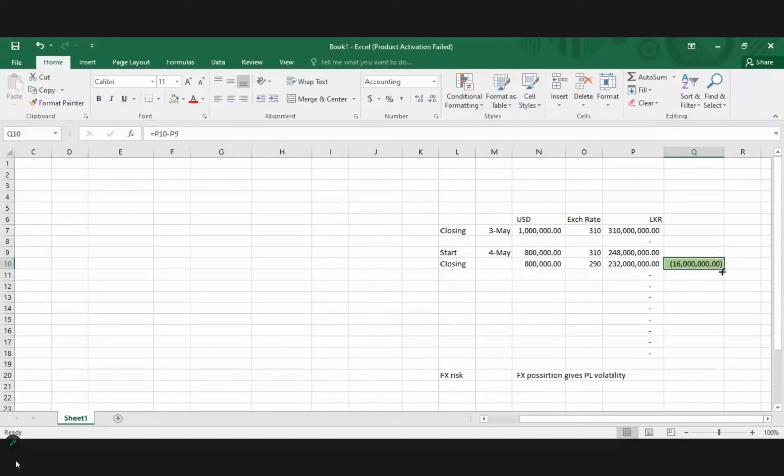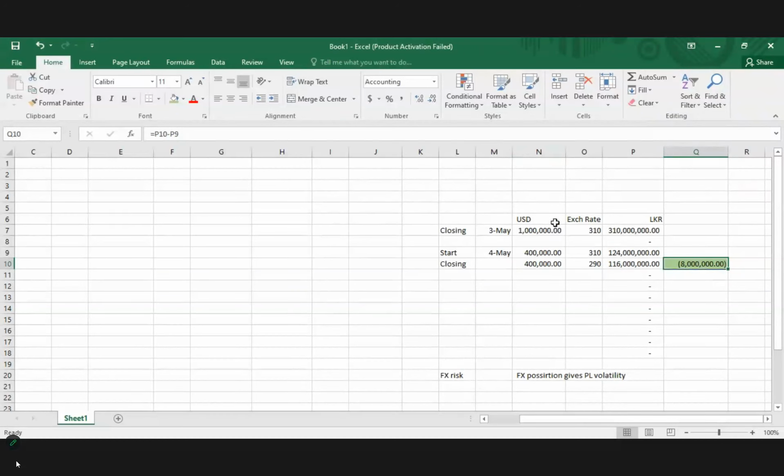If my loss limit remains at 8, then what should I do here? If I bring my position down to 4 million, then I'm back in, right?